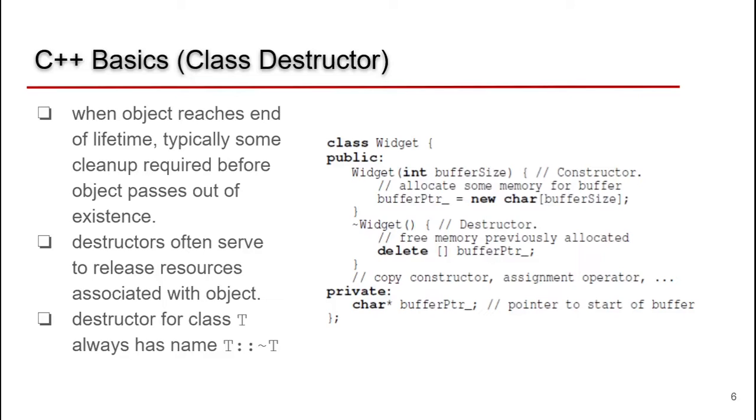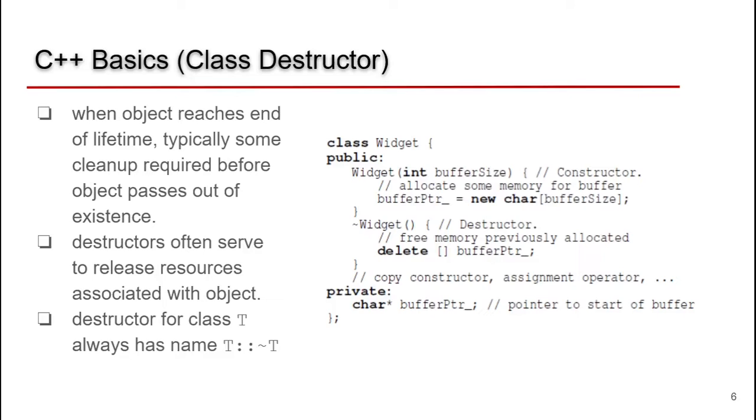So here we create a buffer, just a random example, using new char, and the buffer size could be 50 bytes or 12 bytes, whatever. When we reach the end of our object, we delete the object named widget. Inside it, we just free the buffer pointer, simply.